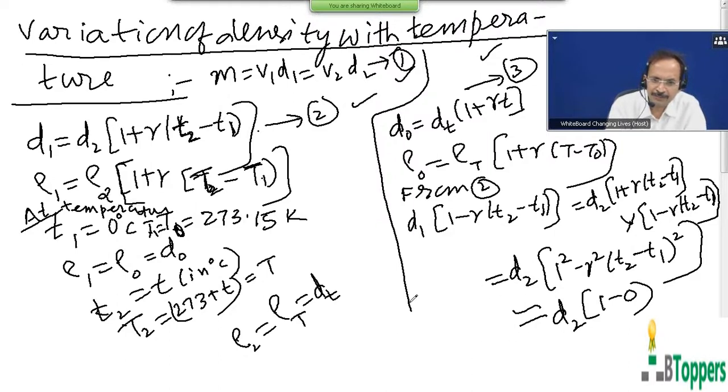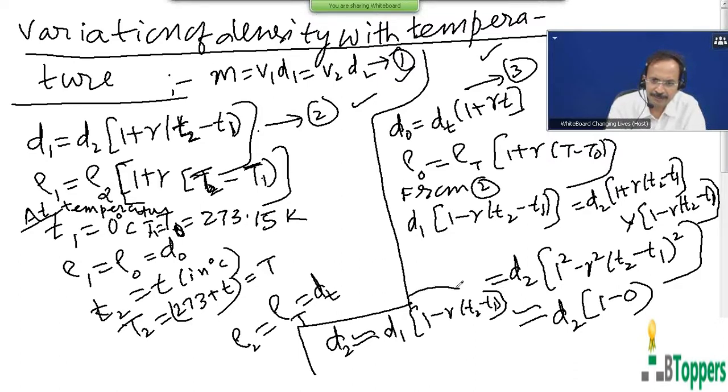D2 is approximately equal to D1 into 1 minus gamma into T2 minus T1. This is true approximately.